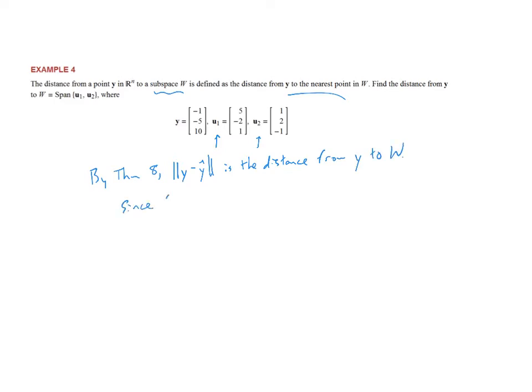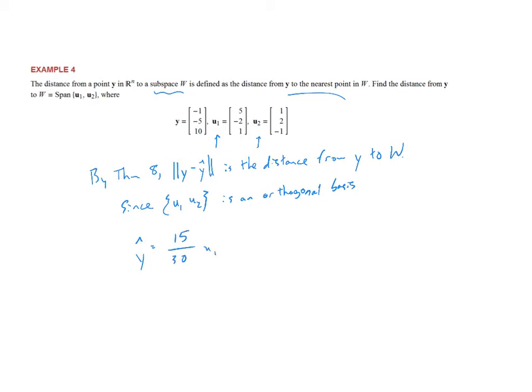Since u1, u2 is an orthogonal basis, we can use that formula that we were introduced to. Y hat is equal to 15 over 30 times u1.